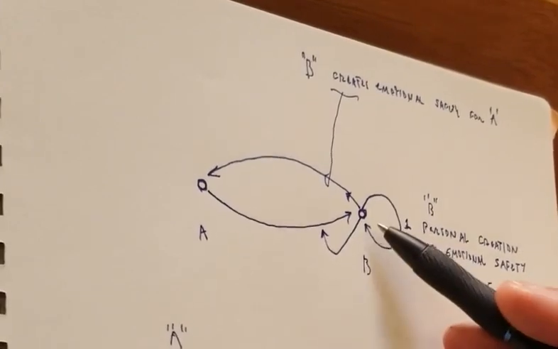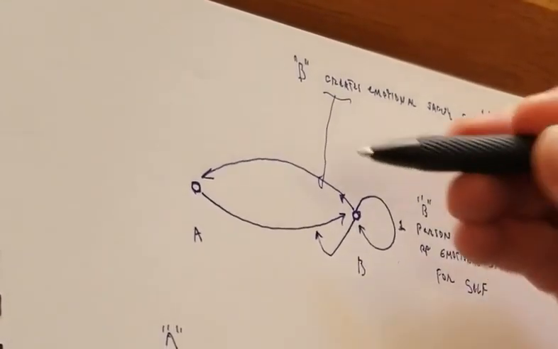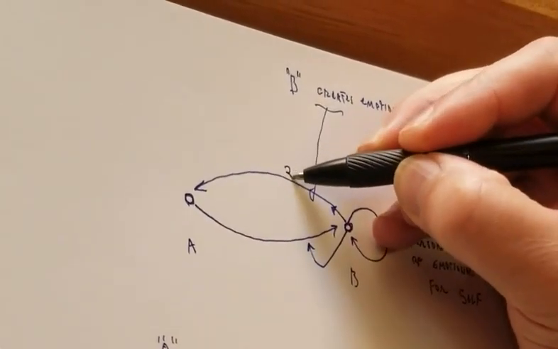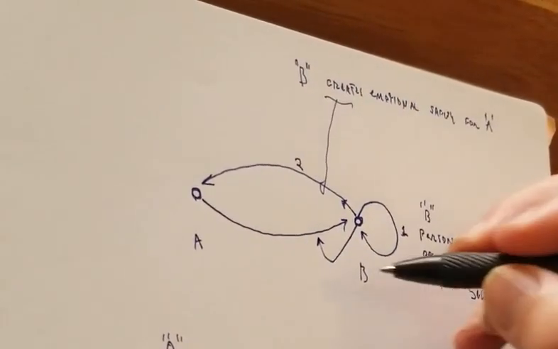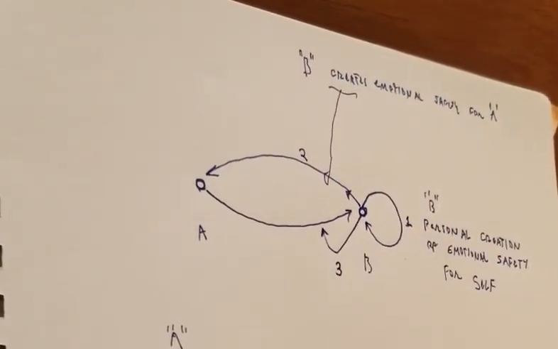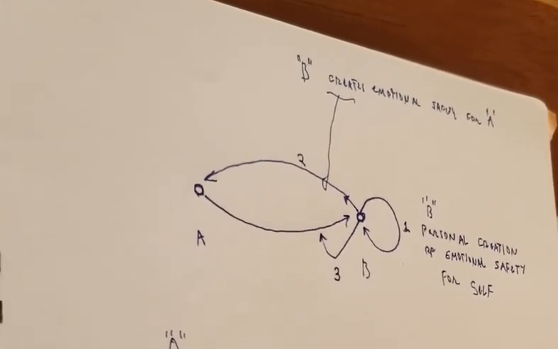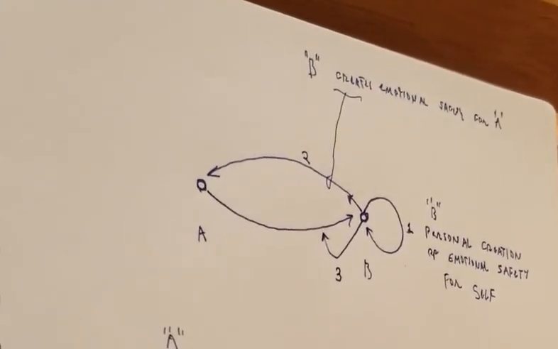It's not that B is trying to create emotional safety for itself, in the sense of one, or B trying to create emotional safety for another, in the sense of two, but that B has to genuinely be able to receive emotional safety from other people when in the presence of emotional safety created for B.